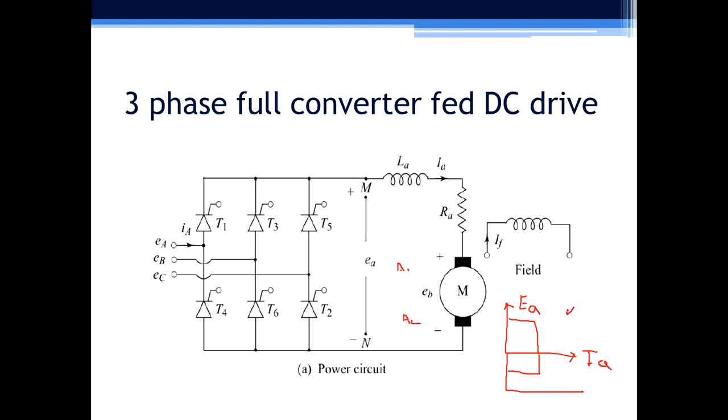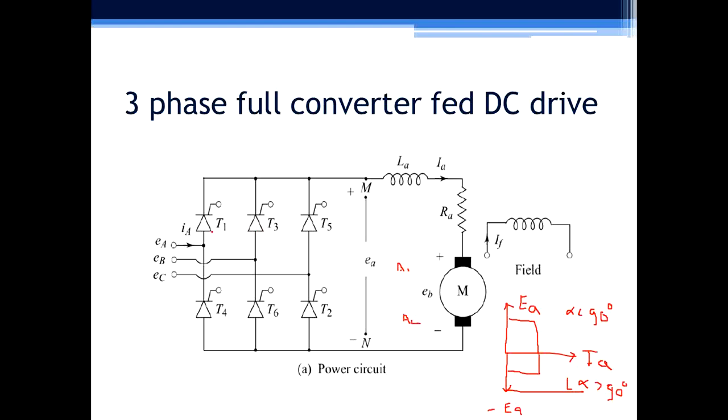So this will happen when you set alpha of the switches less than 90 degree, and average output voltage is negative when alpha is greater than 90 degree. So this will act as first quadrant forward motoring, and in fourth quadrant it will operate to give us reverse braking capabilities. Now let us understand how this operates.